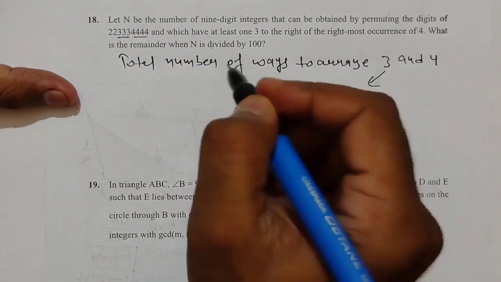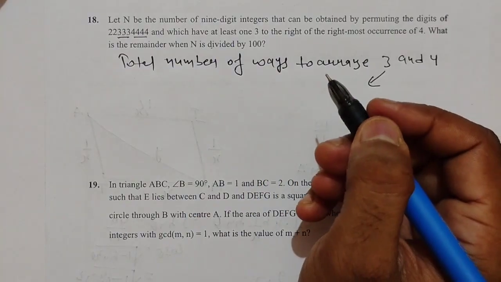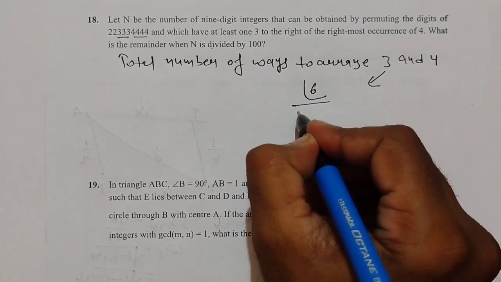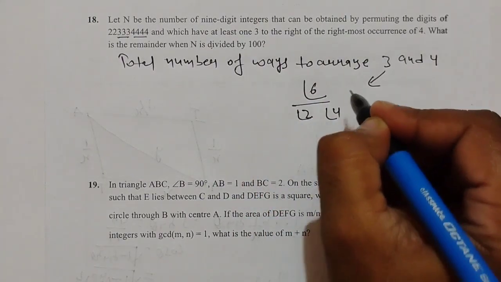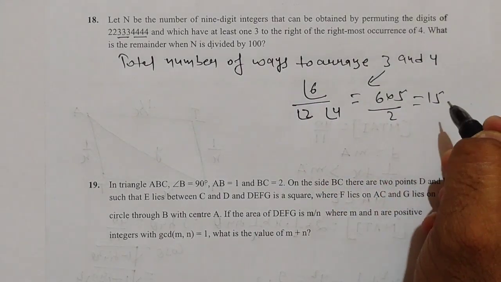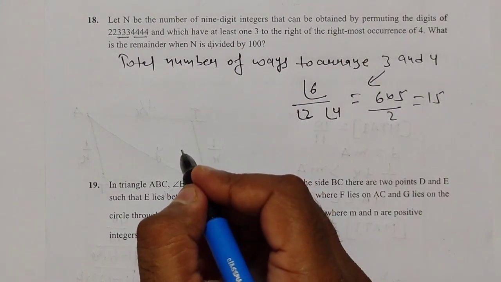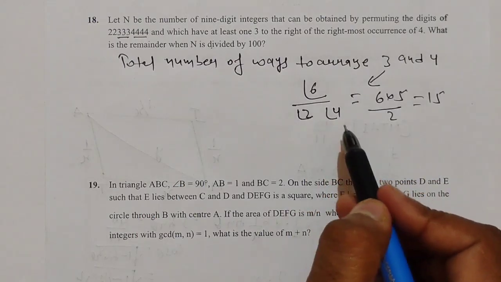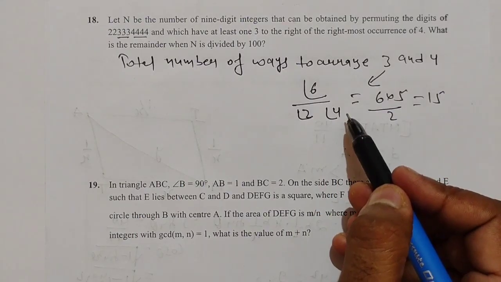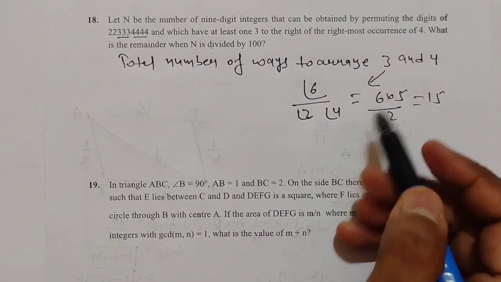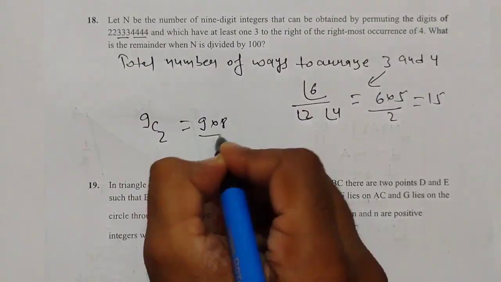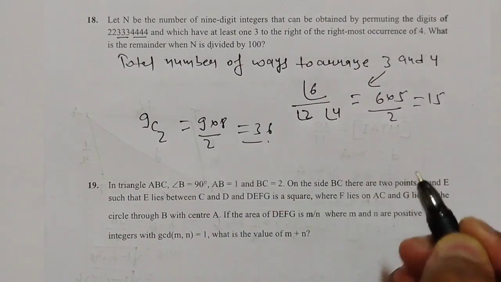So for 3 we have the total 6 factorial by factorial 2 and factorial 4. This is 6 into 5 by 2, this is 15. And the ways to choose the positions of the 2s among 9 is 9C2, which is 9 into 8 by 2, this is 36.